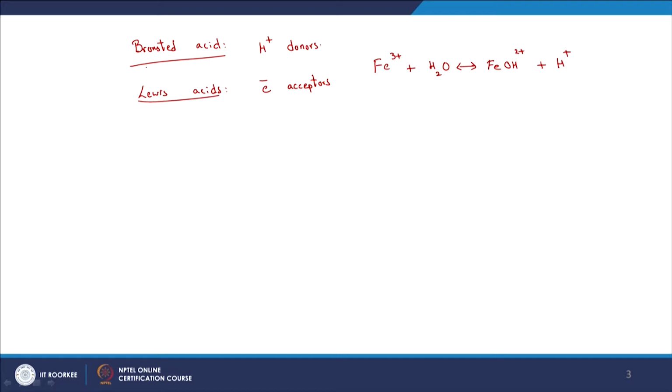Going by the definition of Bronsted acid, Fe3 plus can act as an acid because it is donating a proton here, increasing the concentration of H plus. That is why you can call it a Bronsted acid, or a Lewis acid, because Fe3 plus, which is electron poor, will pull the electrons from the oxygen atom and form a complex. Again it is accepting the electron, in a way, and that is why you can call that a Lewis acid too.